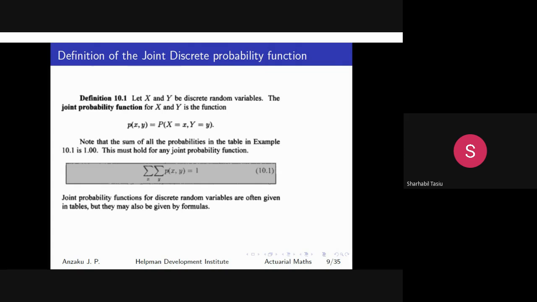Permit me to quickly take you back to that table so that we can ascertain whether what we have in example 1 is equal to 1. Looking at this table, let us sum these probabilities: 0.05 plus 0.27 plus 0.18 plus 0.15 plus 0.33 plus 0.02.